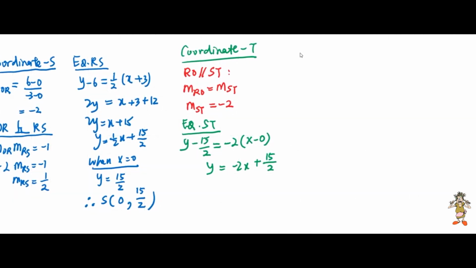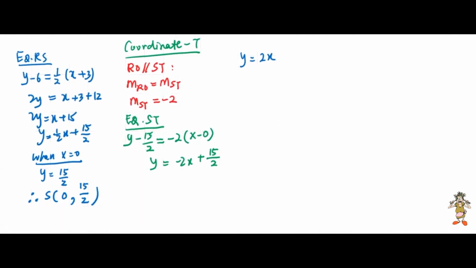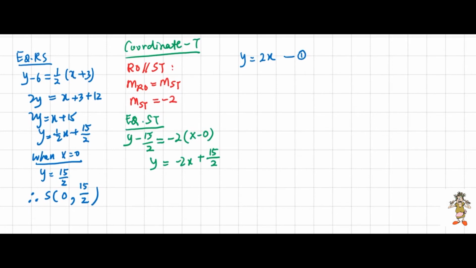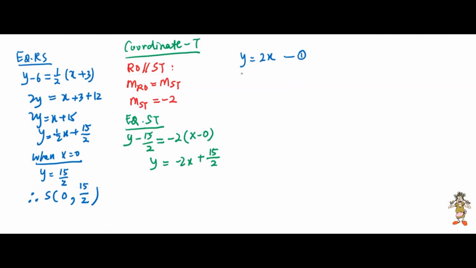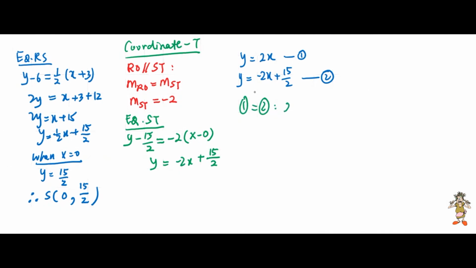Now we find coordinate T. y equals 2x is our equation of OQ, and y equals negative 2x plus 15 over 2 is the equation of ST. So we use the substitution method: 2x equals negative 2x plus 15 over 2.